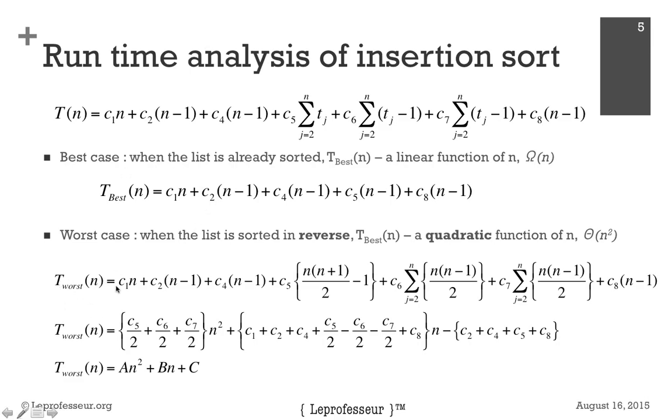So for the worst case time complexity, C1n and so on are constant time steps, they just depend on n, how many times each will be executed, the size of our input. The tricky part starts here, the tj. If we do the sum, this comes down to n into n plus 1 divided by 2.